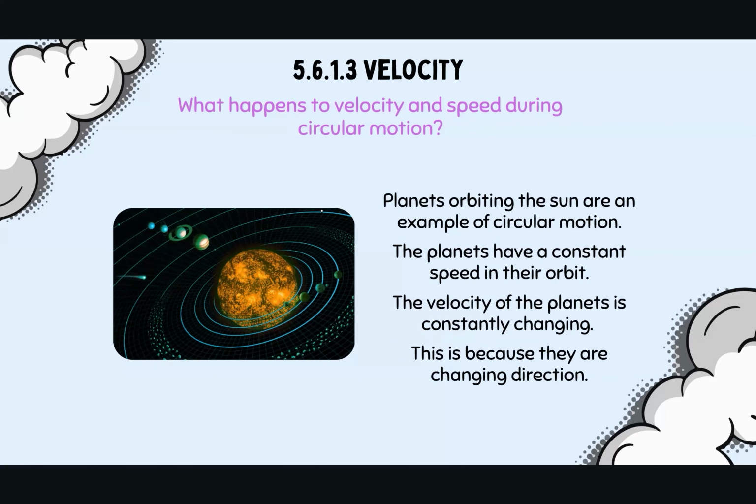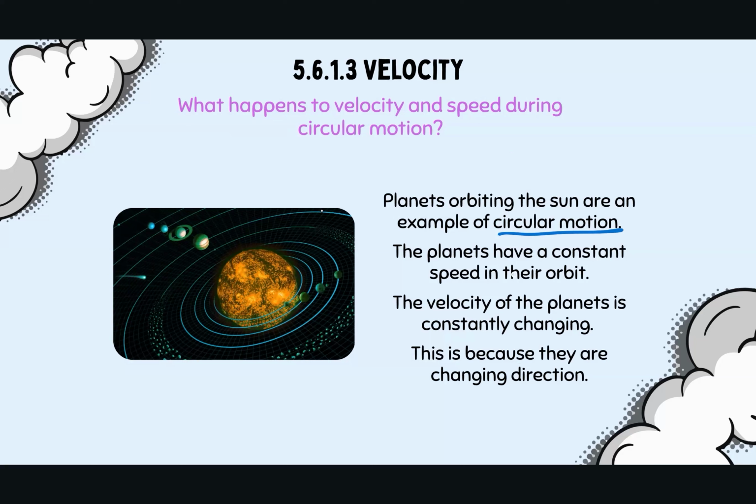So what happens to velocity and speed during circular motion? Planets orbiting the sun are an example of circular motion because the planets are going around in a circle, or close to a circle.